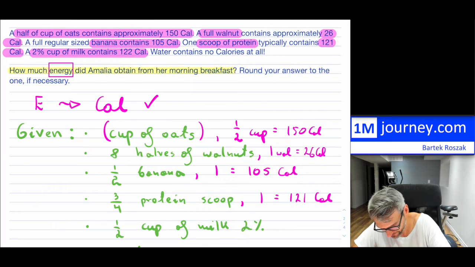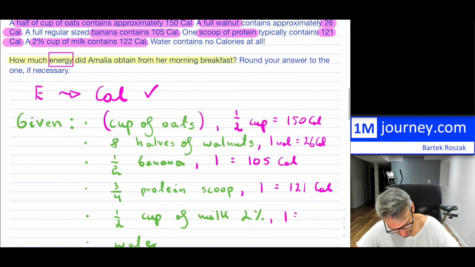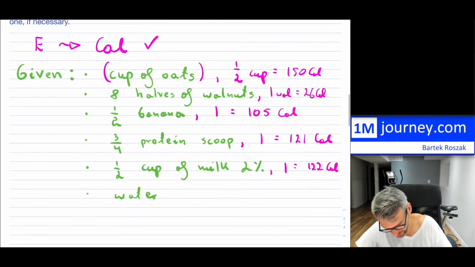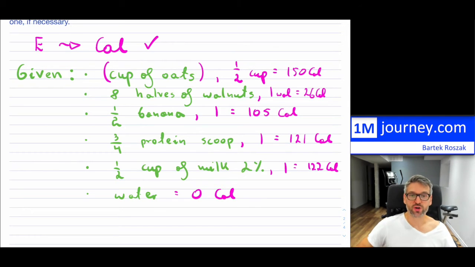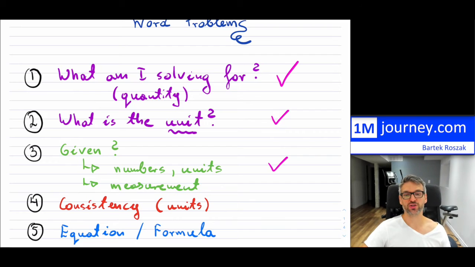That's right there. So 1 cup contains 122 calories. And then water, this is 0 calories. Those are all my givens. So that was that third checklist style. So what did they give us? That's what they gave us.